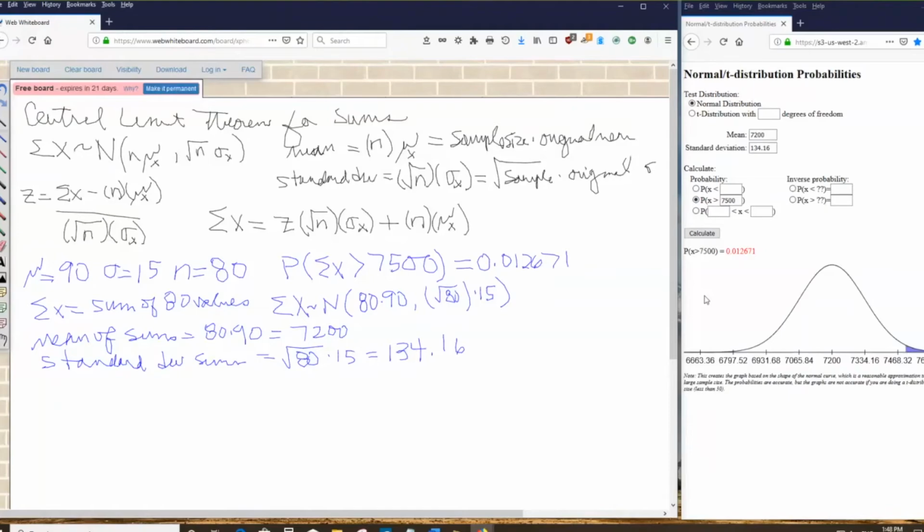Okay, so now let's say that it asks to find the sum that is 1.5 standard deviations above the mean of the sum. So now they're giving us a z-score of 1.5, and we want to find that x value.